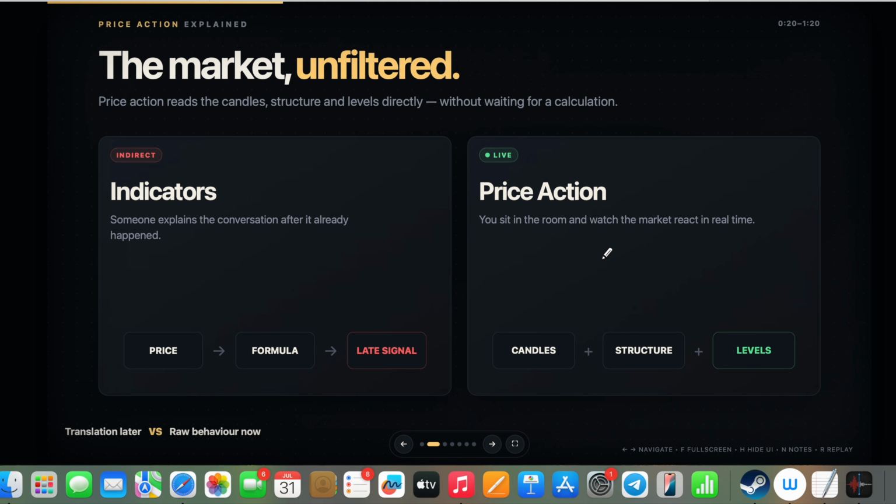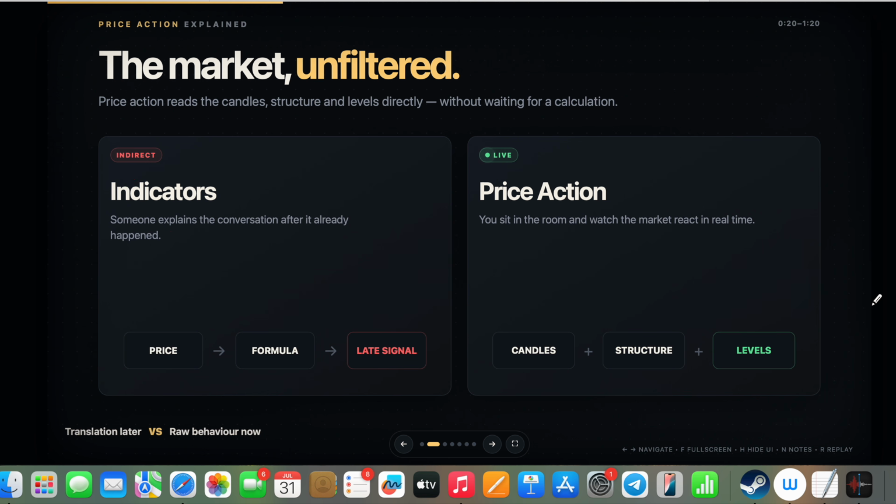Let's get into it. Price action trading simply means making your trading decisions mainly from the actual movement of price, the candles, the structure, and the levels, instead of depending on indicators such as RSI, MACD, or moving averages to interpret the market for you.